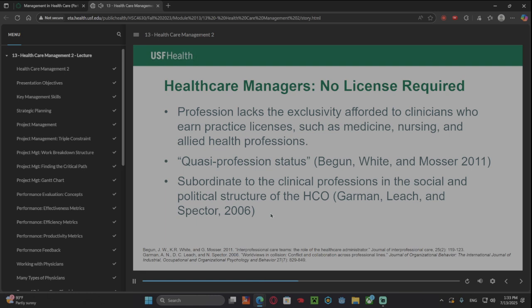Without that license, clinicians may view health administrators as quasi-professionals. And in a way, without the licensure requirement, health administrators can be subordinate to the clinical professions in the social and political structure of the healthcare organization. This is a challenge for the health administrator in their participation on the interprofessional team.